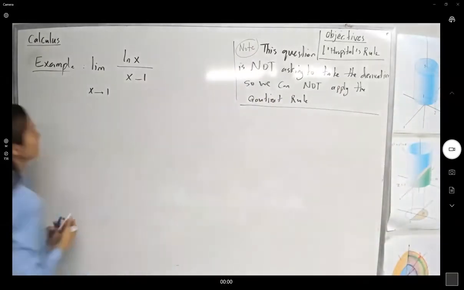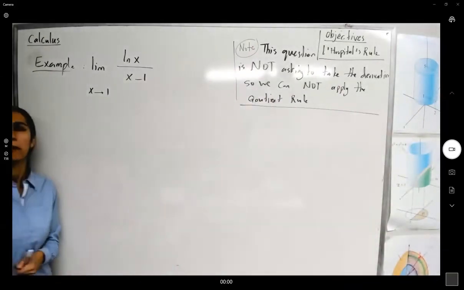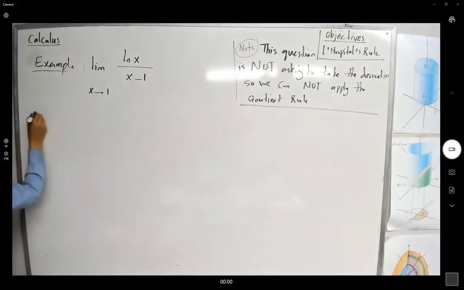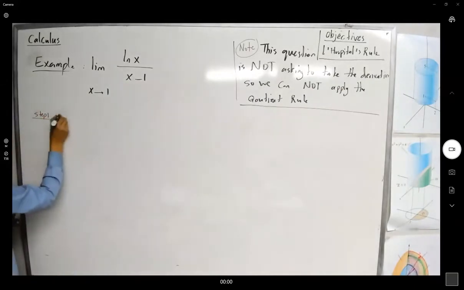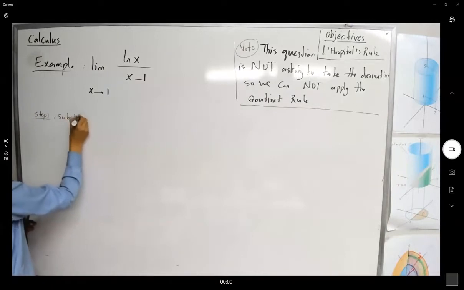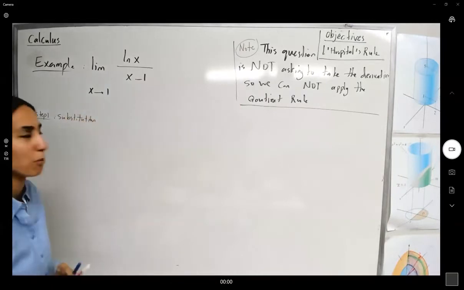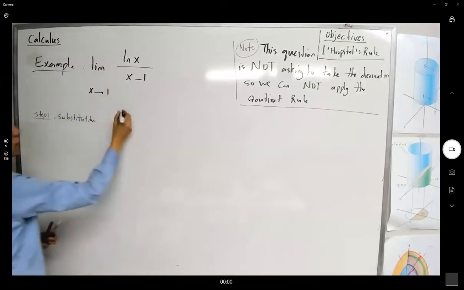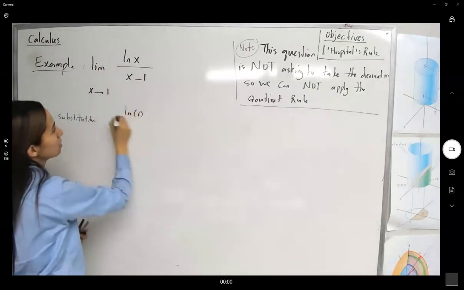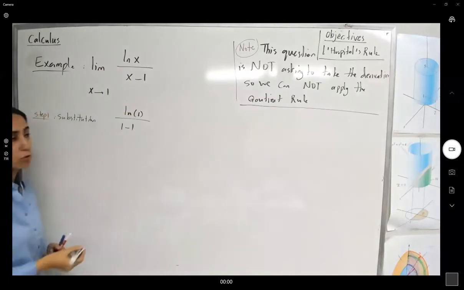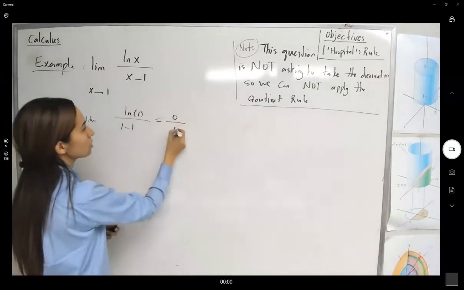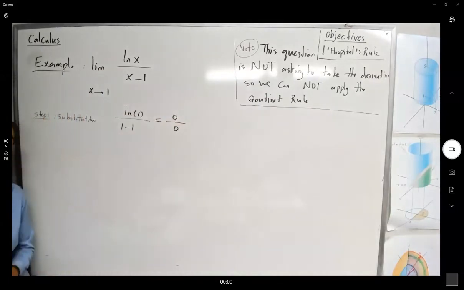Well, the question says, hey, take the limit. Remember that the very first step in taking the limit, step 1, was substitution. Sometimes we're lucky and by substitution we get a number. So let's plug in 1. We get ln of 1 divided by 1 minus 1. ln of 1 is 0. 0 divided by 0 is an indeterminate form.